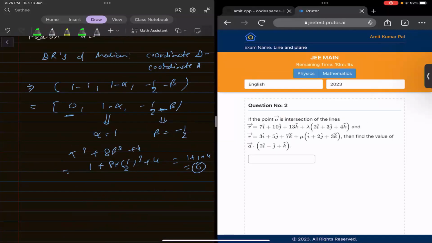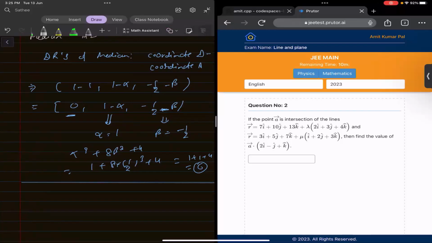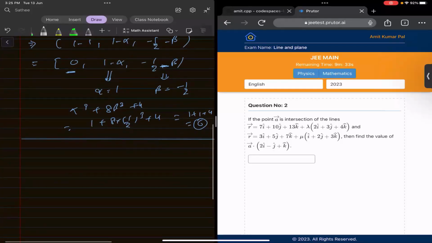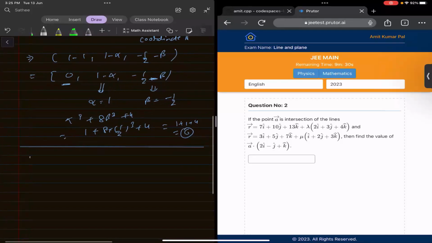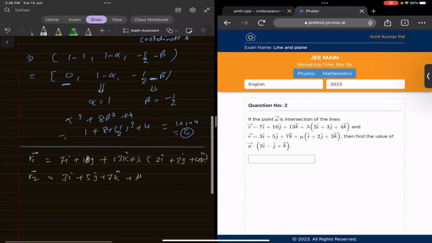Now if we move to our next question, we are given two lines. Let's call them r1 equals 7i plus 10j plus 13k plus lambda times 2i plus 3j plus 4k cap, and r2 is given as 3i plus 5j plus 7k plus mu times i plus 2j plus 3k.